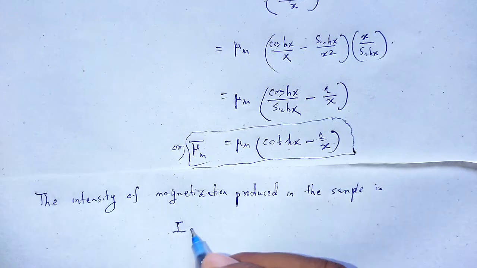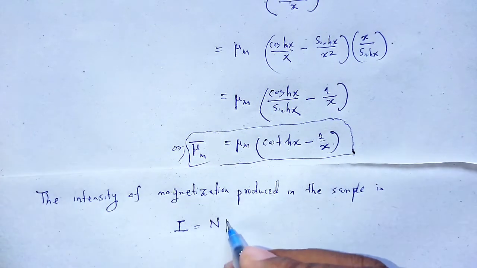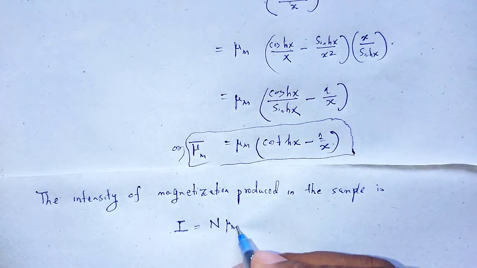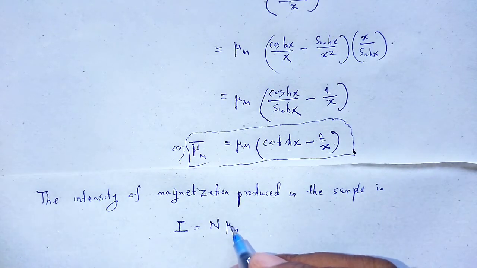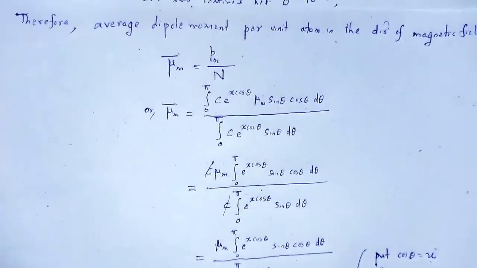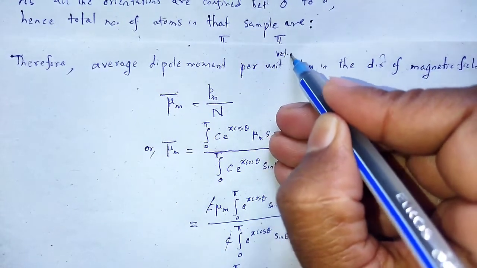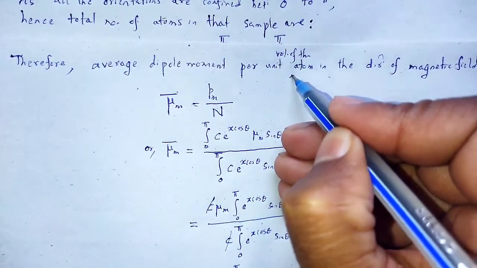Intensity of magnetization I is equal to the total number of atoms in that sample times the average dipole moment per unit volume of the atom.